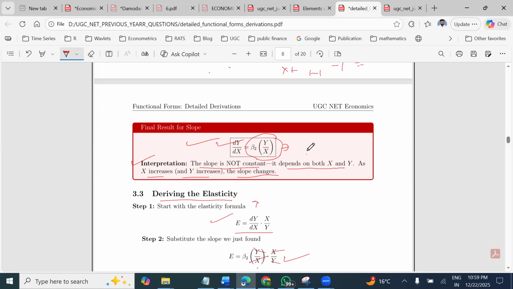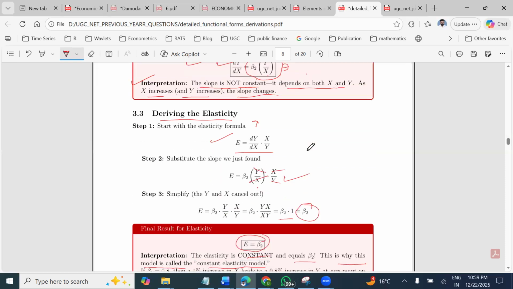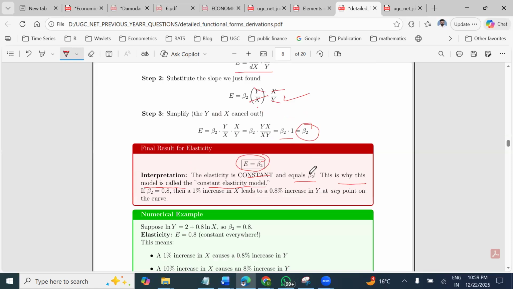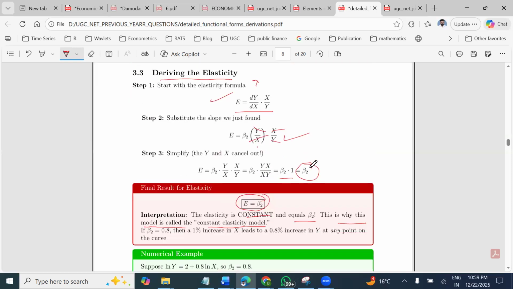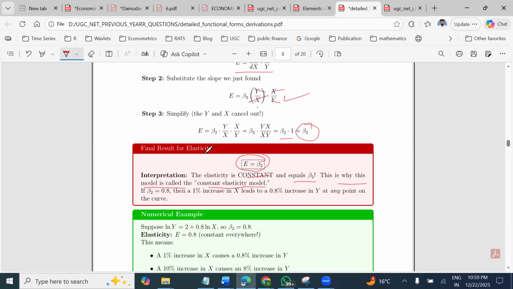And the slope is not constant over here. This is also very important. But elasticity is constant. Beta 2 is constant. So this is why it is called the constant elasticity model.